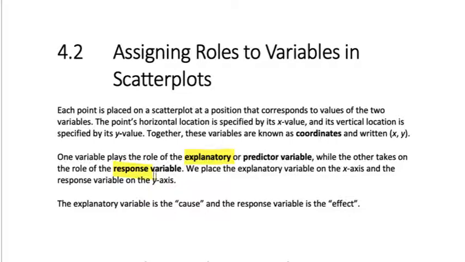The explanatory variable we could consider to be what's causing the effect to happen, and the response variable is the effect. So the explanatory variable is causing what we see in the response variable. Explanatory variable goes on the x-axis and response variable goes on the y-axis.